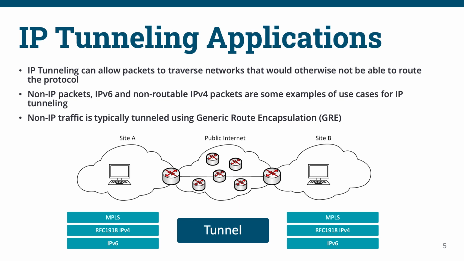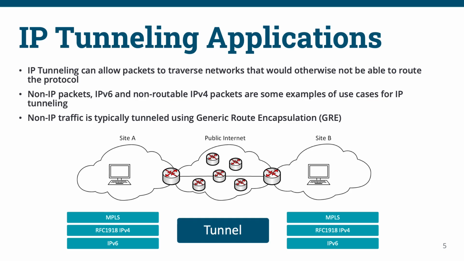Now, we have mentioned IP tunneling a few times, and there is indeed a Junos tunnel type called an IP-in-IP tunnel, which encapsulates IP traffic in another IP header to traverse some intermediary network. Another tunneling protocol available is generic route encapsulation, or GRE tunneling.